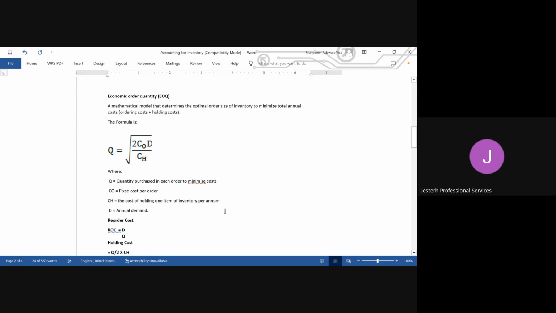Now this is another method of inventory valuations. The purpose of this economy order quantity is to help an organization to reduce the cost of bringing in their inventories into the store.